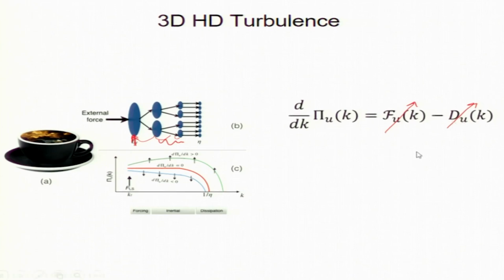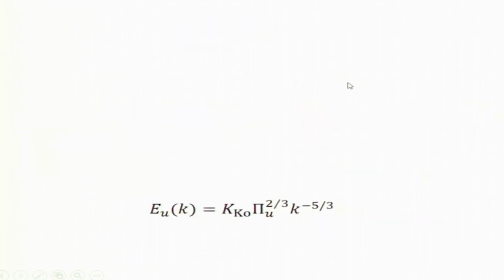This pi u k is constant. So, that is the Kolmogorov theory. Kolmogorov theory assumes that energy is injected at large scale and dissipates at small scale. So, that is where you get pi u to be constant, and this is the non-equilibrium scenario where we are getting a cascade of energy. Now, given the constant flux, we can derive what the energy is at a different scale.